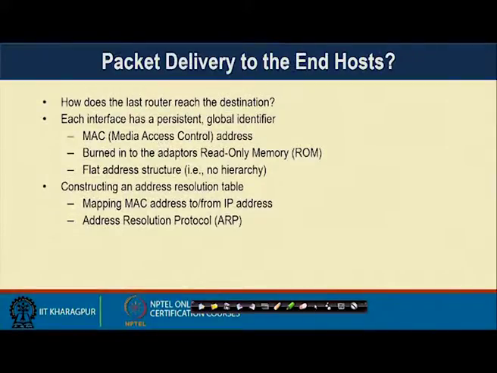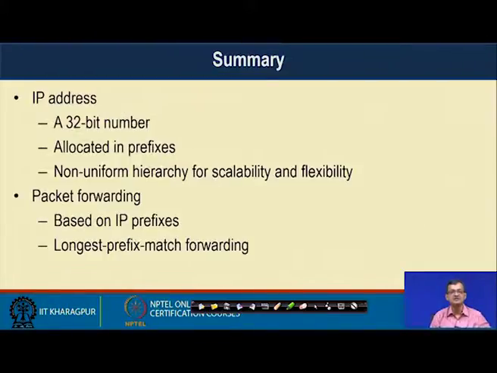For that, we require a protocol called ARP, address resolution protocol. The MAC address, as many of you know, is the hardware address which comes with the network interface, and in order to resolve from IP to MAC, we require the address resolution protocol. So, mapping MAC address to and from IP address is ARP and RARP, reverse ARP. So, we have this type of addressing scheme.